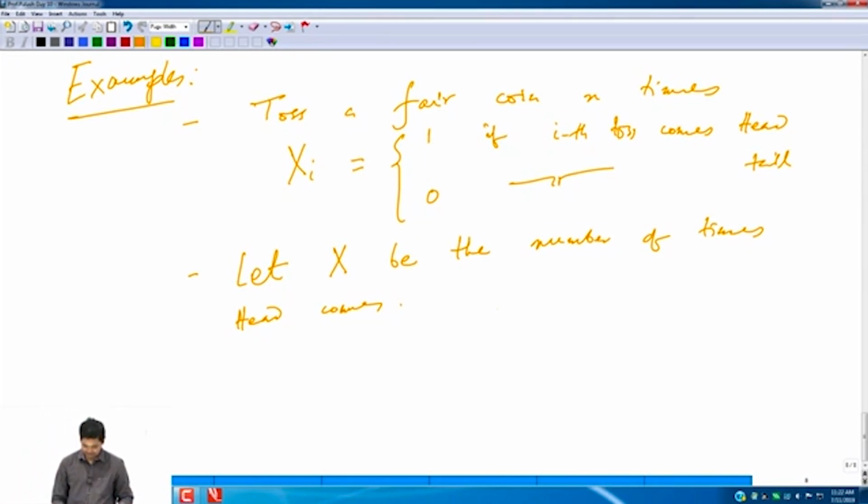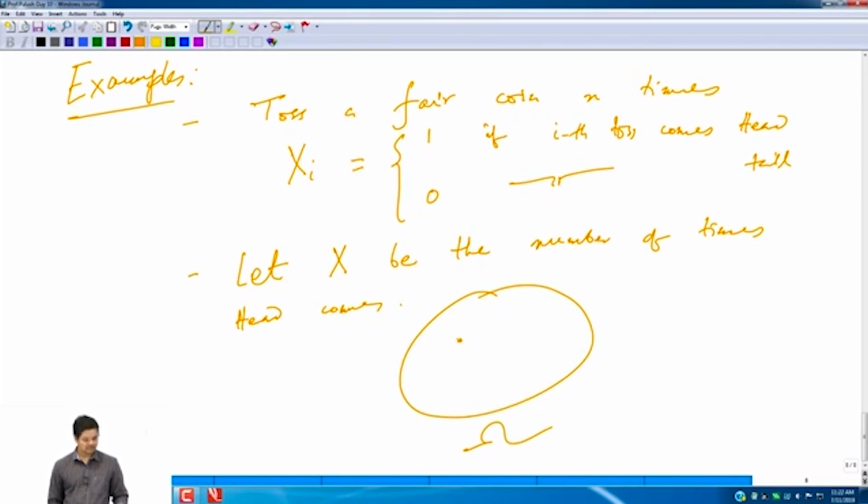So here is my sample space omega, and what are the sample points? Every sample point gives an outcome of n tosses. So maybe this point is that the first toss came up head, second toss came up head, third toss came up tail, and so on. These are the possible outcomes of n tosses.